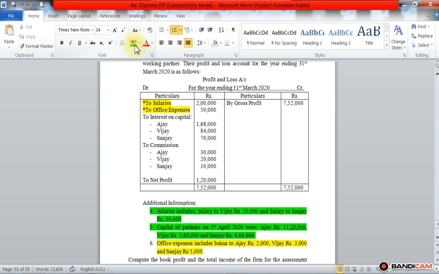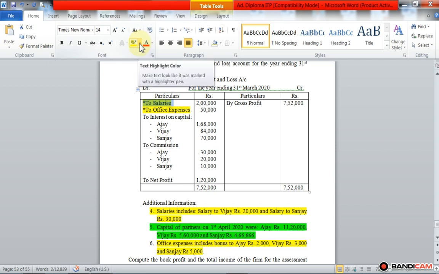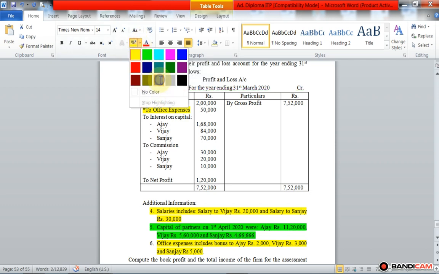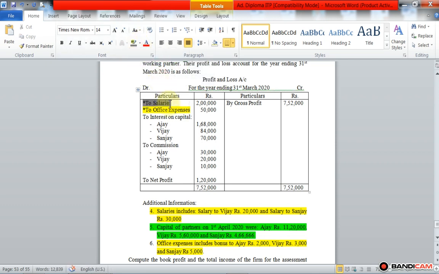Now we read the debit side of the profit and loss account. On the debit side, salary and office expenses. Office expenses are a business expenditure, so they are allowed as the firm's expenditure, but salary includes salary to Vijay and Sanjay, 30,000 and 20,000.